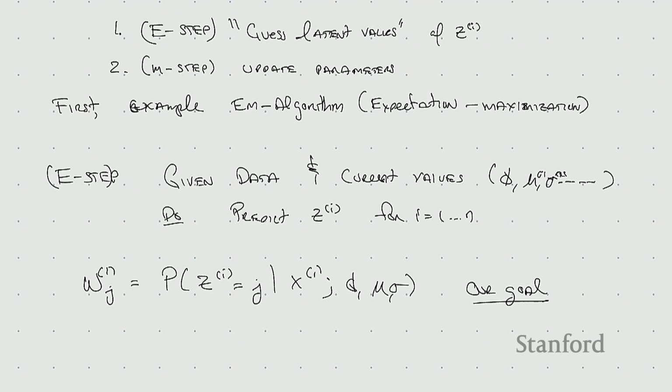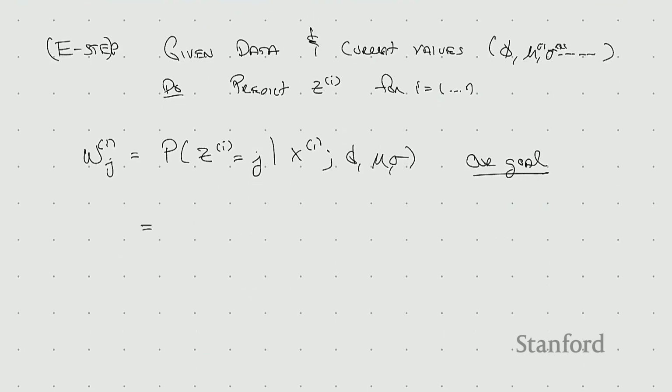Now we want to compute how likely a particular point is to belong to a cluster. Intuitively, if it's really close to the cluster center, the probability should be high. If it's really far away, it should be close to 0, but it's continuous. It's not going to be exactly 0, because the Gaussian doesn't go to 0 anywhere. So how do we do this?